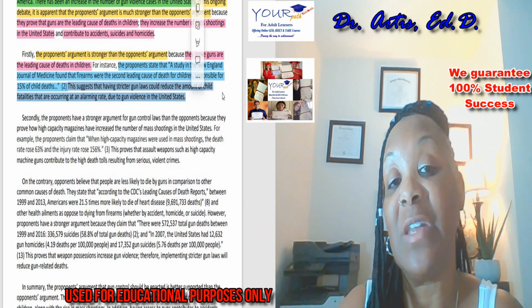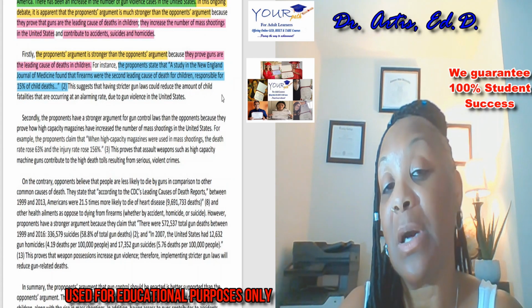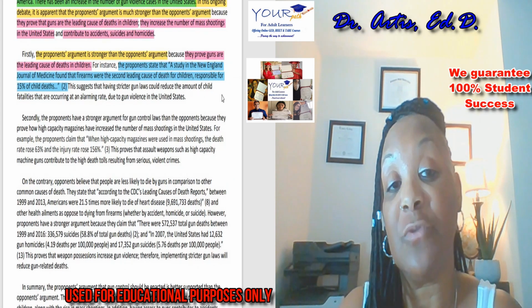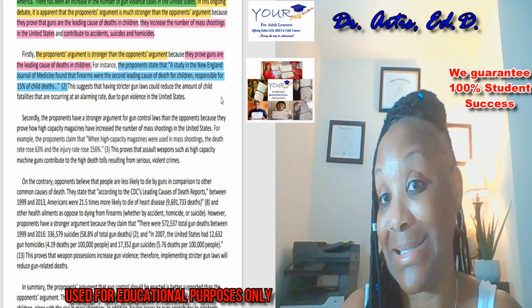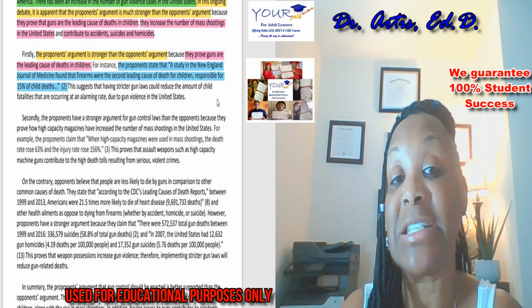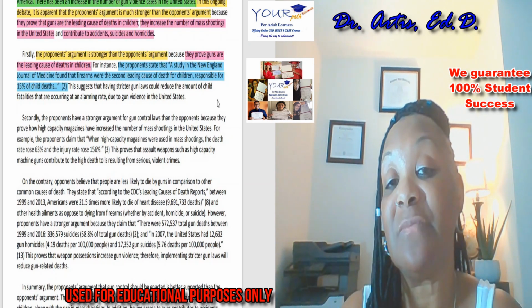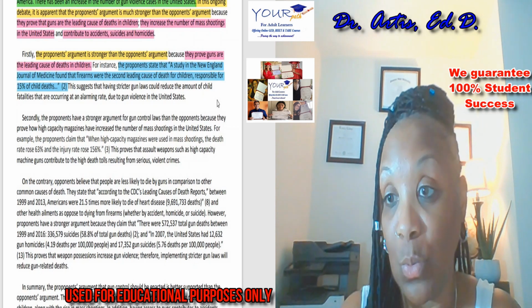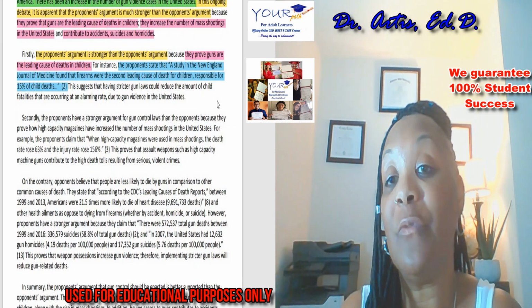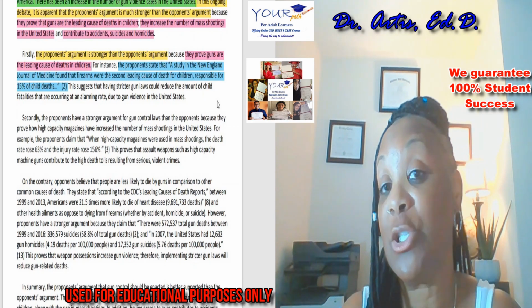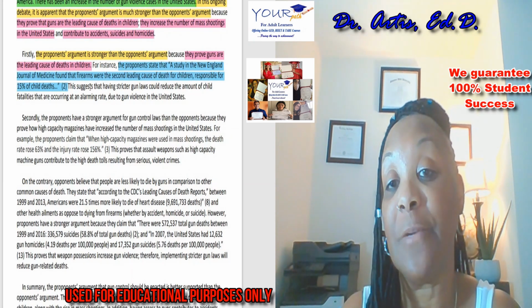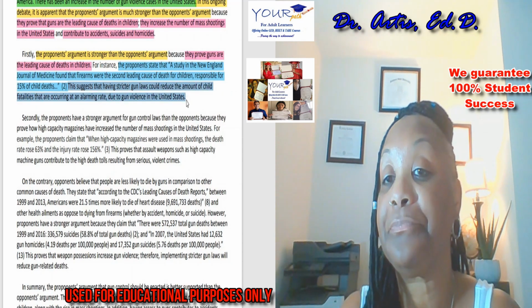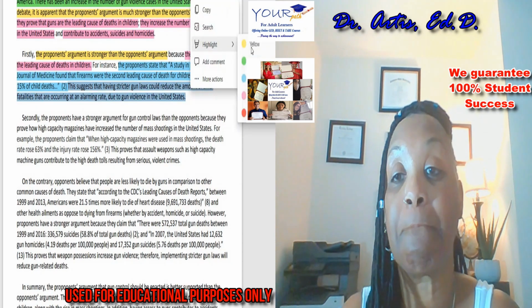So you want to say this evidence suggests that having strict gun laws could reduce the amount of child fatalities that are occurring at an alarming rate due to gun violence in the United States, okay? That is her explanation for how this piece of textual evidence goes back to her main idea that they prove guns are the leading cause of deaths in children, okay? So we're going to highlight her explanation as, let's make this yellow, okay?